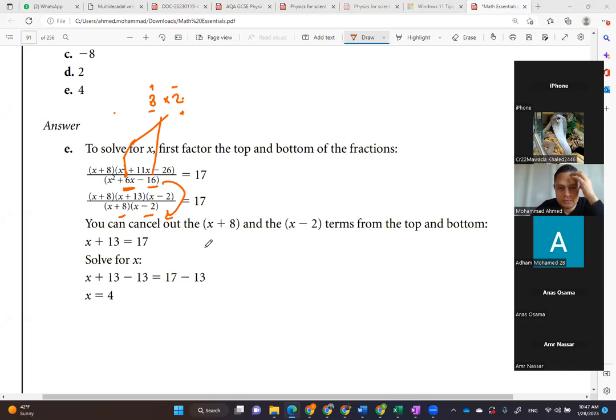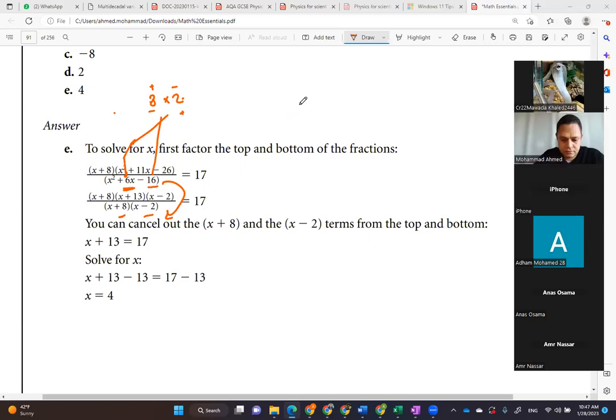Mawadda, can you go? You can unmute yourself and explain. Whenever you try to factor any kind of equation, you can write the numbers first, and then when you choose the sign, you always give the greatest number, like 8 is bigger than 2, the same sign as the middle, like the same sign as 6x.